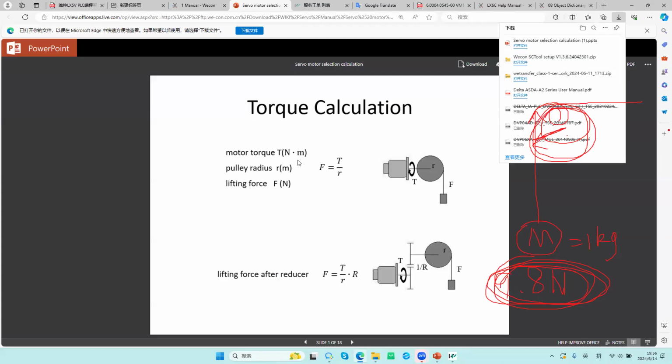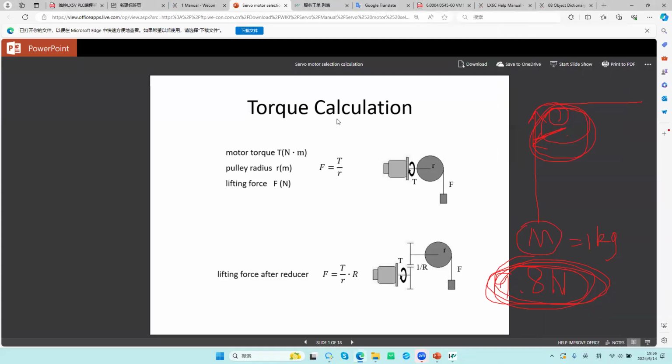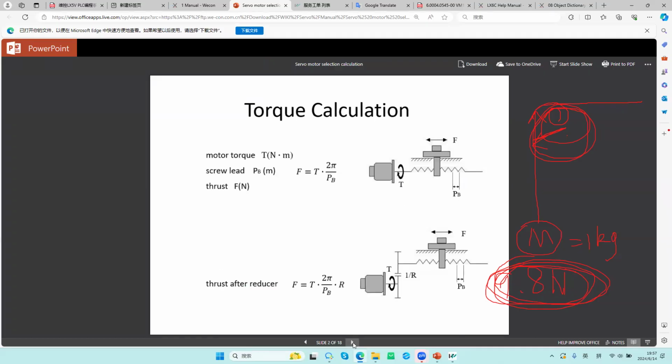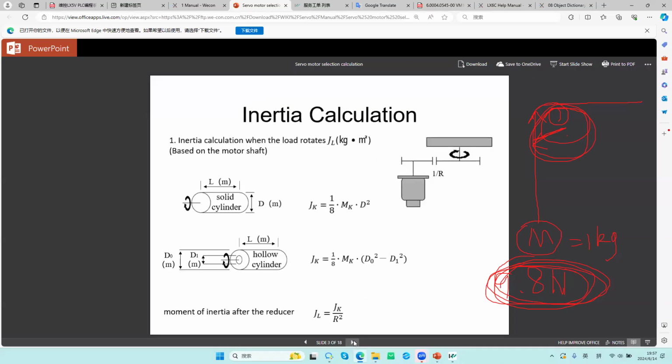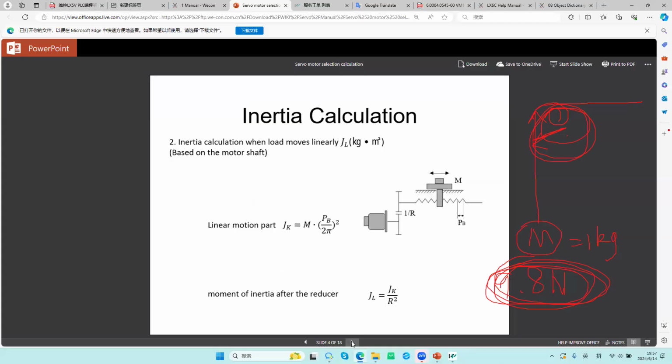So you can see here we have another presentation that introduces some commonly used applications about how to calculate the torque of our load, like this. And I think you can also find something like this, some applications on how to calculate the torque, on the internet or somewhere.